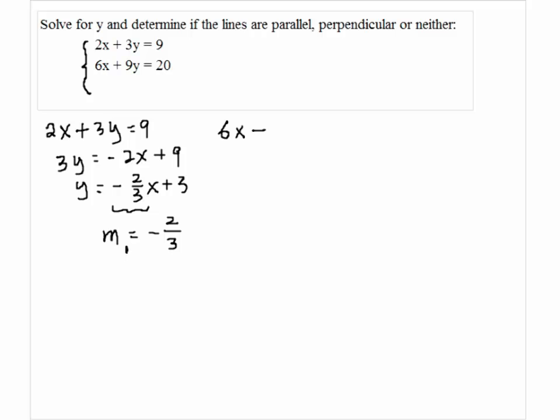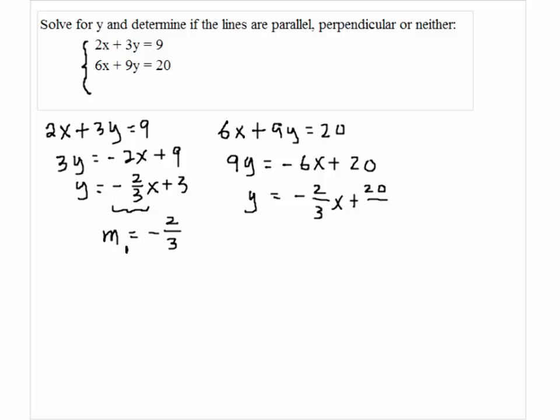Now let's look at the second equation, 6x plus 9y equals 20. So 9y equals negative 6x plus 20. By dividing both sides by 9, we get y equals negative 2/3 x plus 20 over 9.